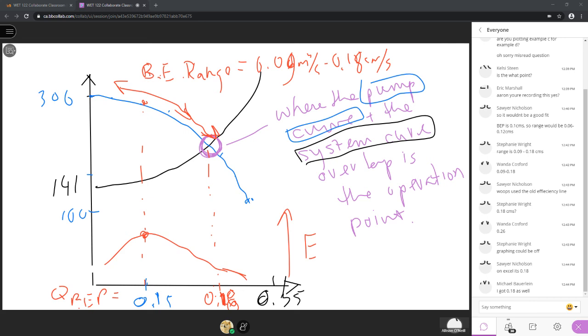So this pump isn't bad if our flows don't get into fire flow conditions. Once we start to get into that range, then we're going to have some troubles.